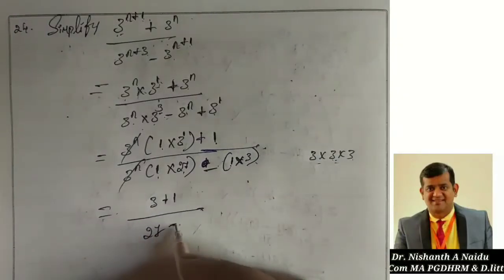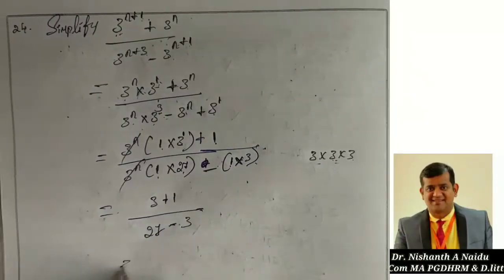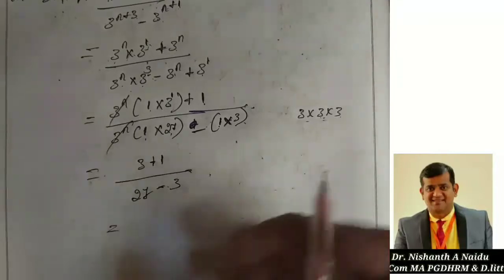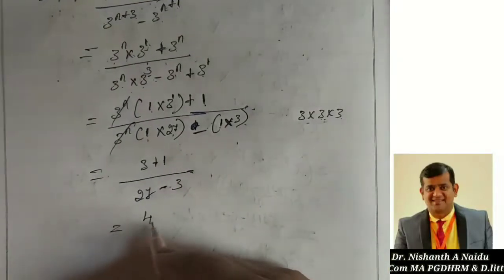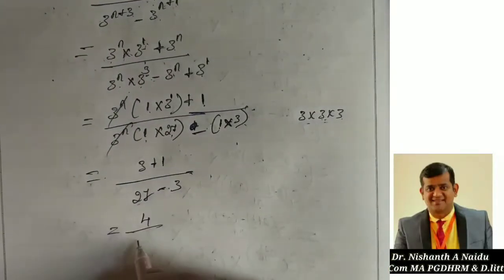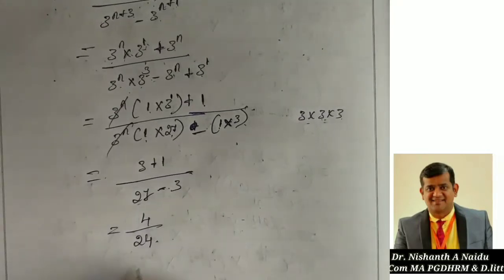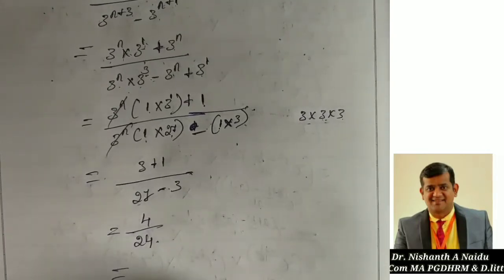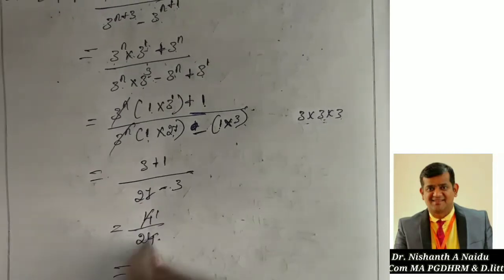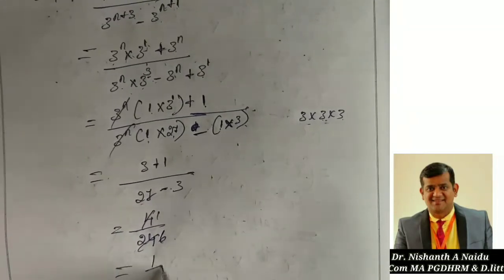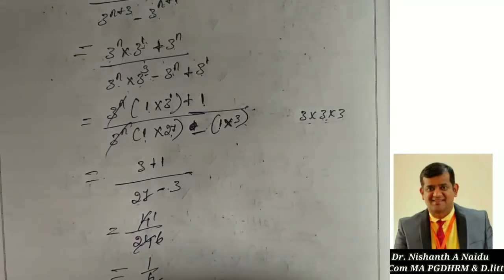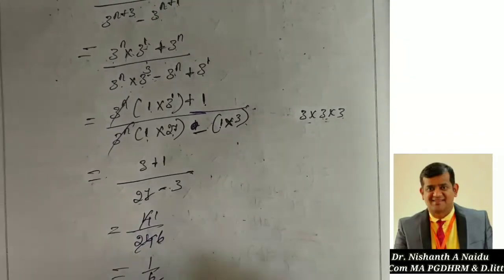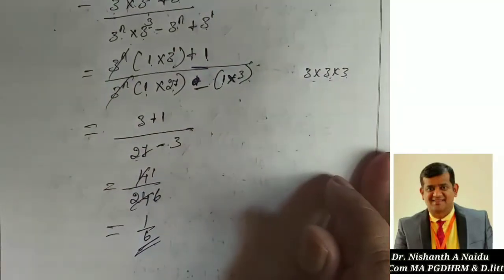So that is minus 3. So in the next stage, 3 plus 1 is 4 divided by 27 minus 3 is 24. So that equals 4 1s are 4, 4 6s are 24. That is 1 divided by 6 is the answer.